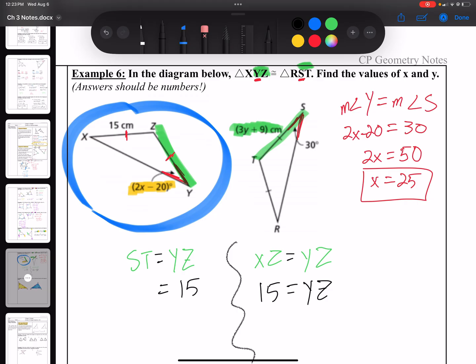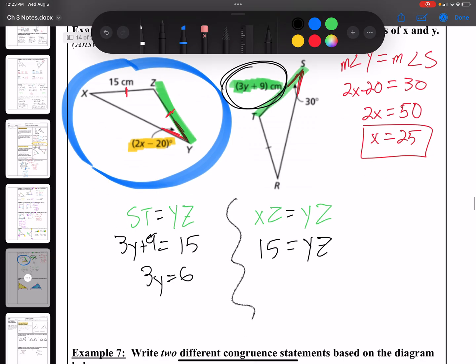So I can plug that in for YZ. And how much was ST? 3y plus 9. So there we go. I'm on my way to finishing the problem to figure out how much y is. So now all I need to do is take that equation. I'm going to start off by subtracting 9 from both sides, and you'll get 3y equals 6. Divide by 3, you get y equals 2.